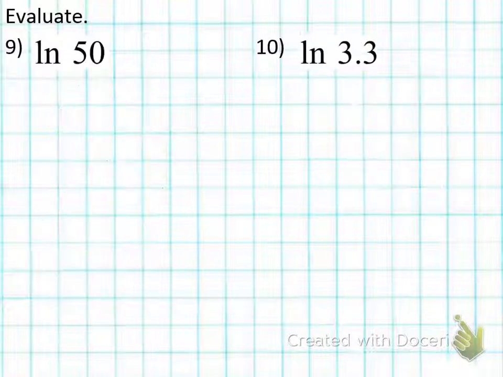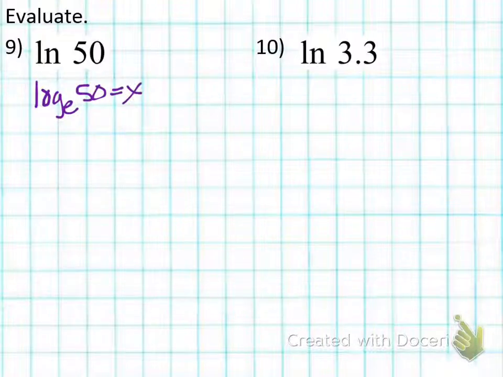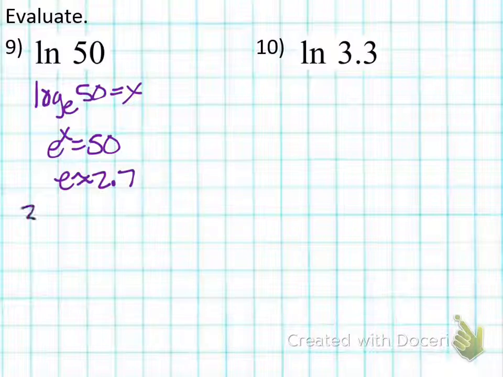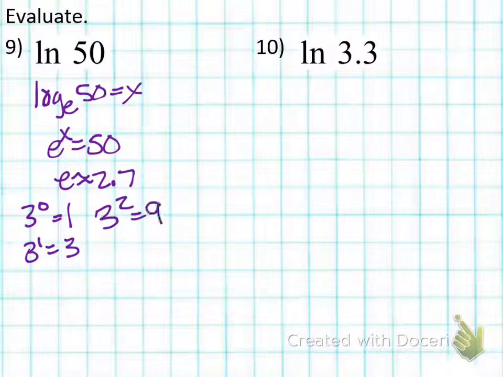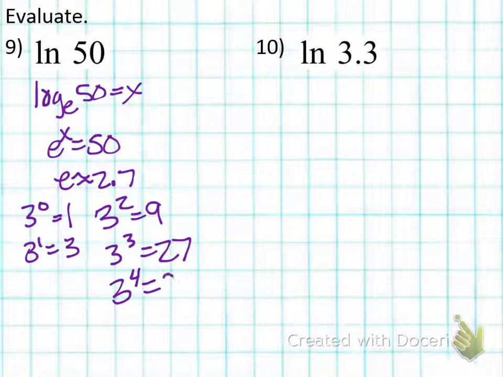All right, last couple examples. ln of 50, again, if I try to write this out, this is like log base e, which I can rewrite like this. And my powers of 3. Again, e is about 2.7, so I'm going to approximate using 3. Okay, so these are my first few powers of 3.